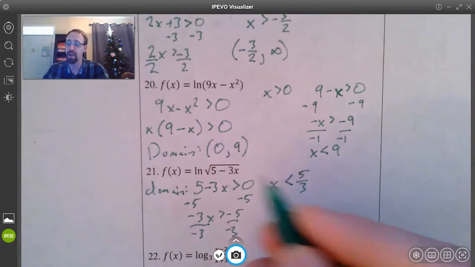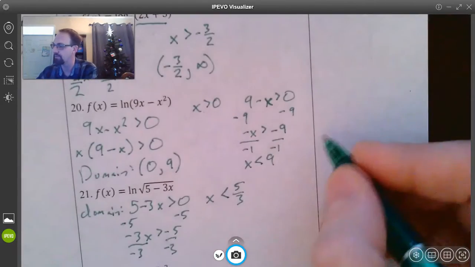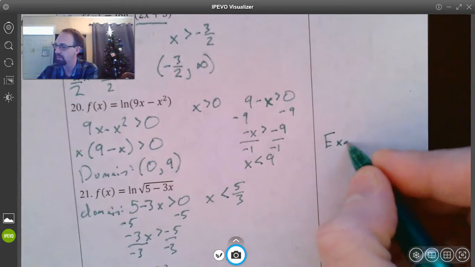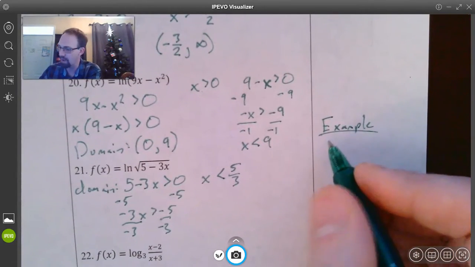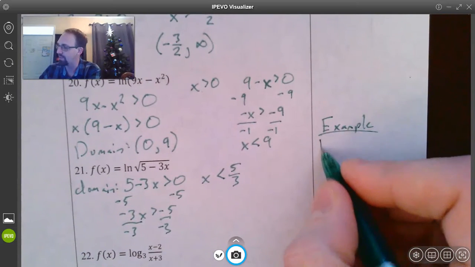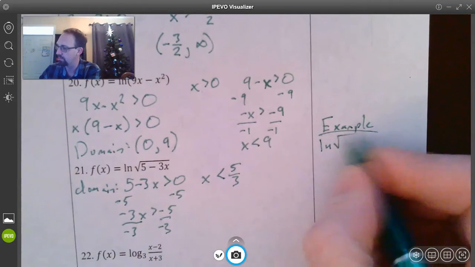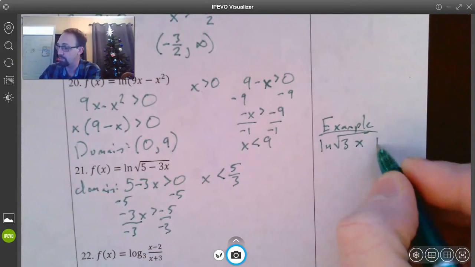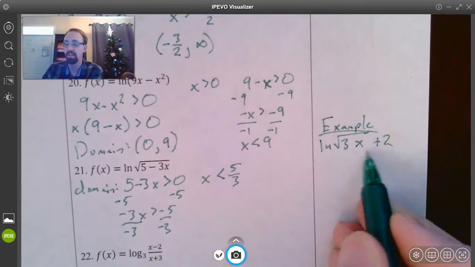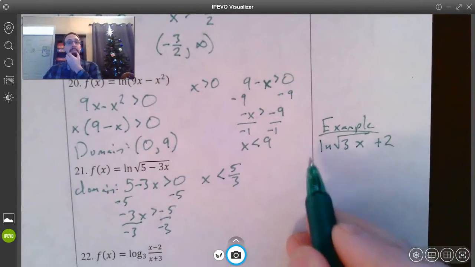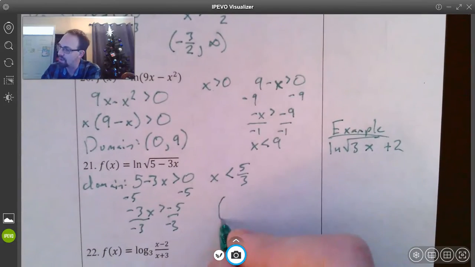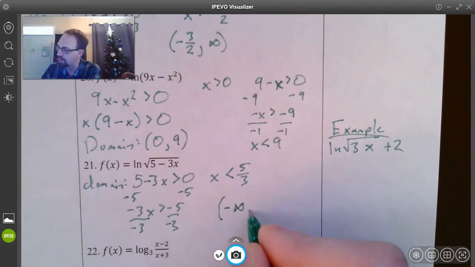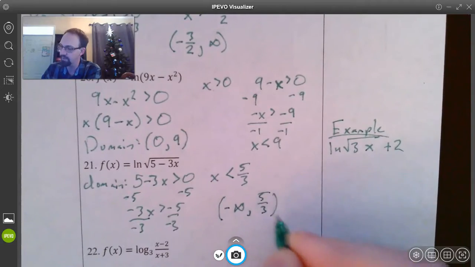Now, if you saw a different problem entirely, if you had the natural log of the square root of 3x and then plus 2, that plus 2 is not part of underneath that radical, so you would not include that plus 2 when you're finding the domain. And then my domain here is negative infinity to 5/3.